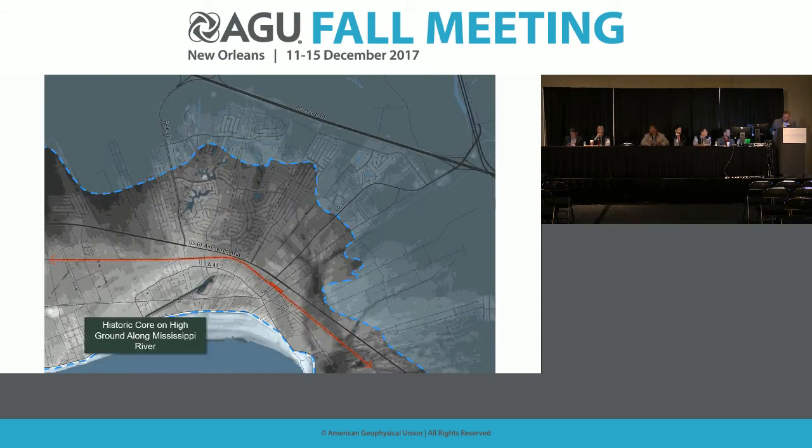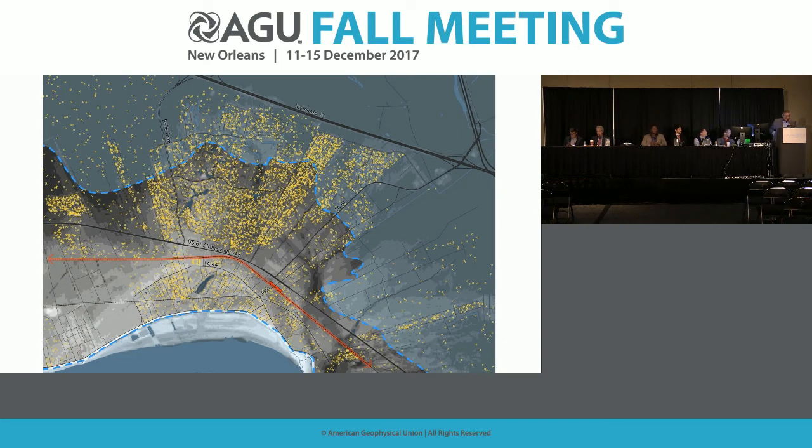To illustrate why that's a problem for us, this is a zoomed-in view of a piece of that parish. This is Laplace, Louisiana. You can see the high ground core along the Mississippi River. Unfortunately, we have paid no regard to that high ground core, and each of these yellow dots represents population. And so we have sprawled into the floodplain out toward Interstate 10.